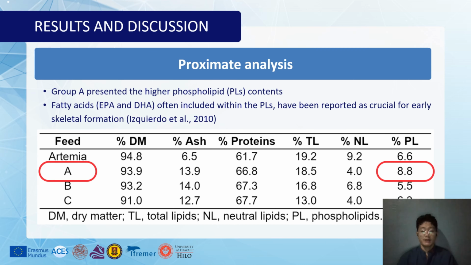In addition, the result of the proximate analysis showed that Group A, which has the lower incidence of lordotic fish, presented higher phospholipid contents. The fatty acids, which include EPA and DHA, often included in the phospholipids, are actually crucial for the early skeletal formation of the fish. This might suggest that due to the early skeletal formation, it lessens the incidence of lordotic fish in this particular group.